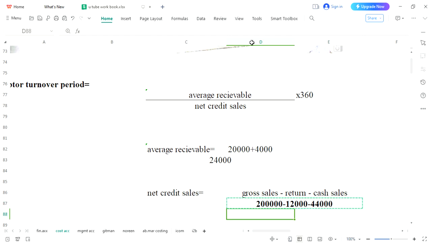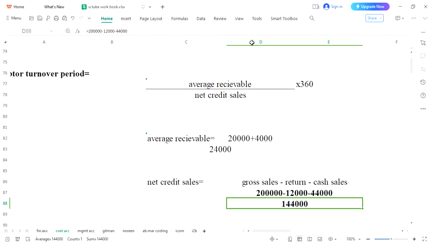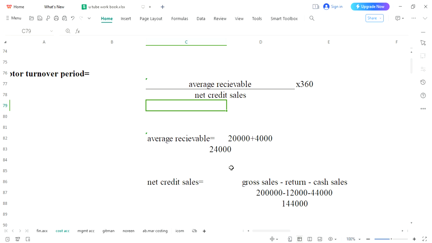So in this way our net credit sales would be calculated. Values we have already determined, and here we are going to put it on the calculator. Alright guys, we have our total net credit sales 144,000, and then we have our average receivables 24,000. We are going to put it over here. Average receivable 24,000.